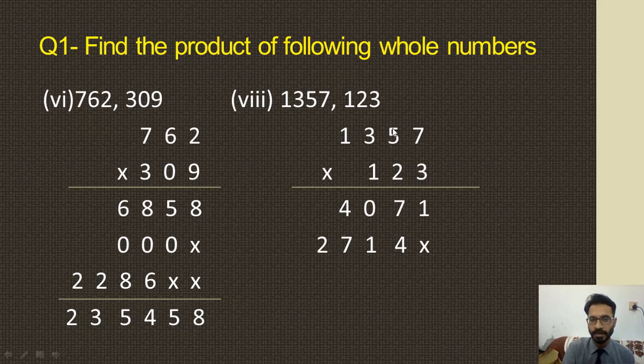This will become 11. From 11, the 1 that is at unit place will be written here under 0 and we will carry 1 to the next number. 2 3s are 6. 6 plus 1 is 7. So we will write 7 under 4. Then we will multiply 2 with 1. 2 1s are 2. That will be written on the left side.